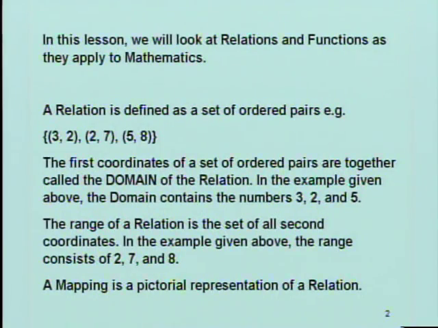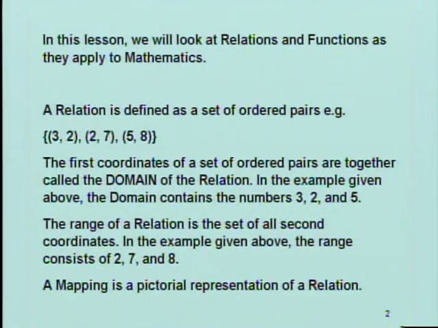A relation is defined as a set of ordered pairs, for example (3, 2), (2, 7), (5, 8). The first coordinates of a set of ordered pairs are together called the domain of the relation.